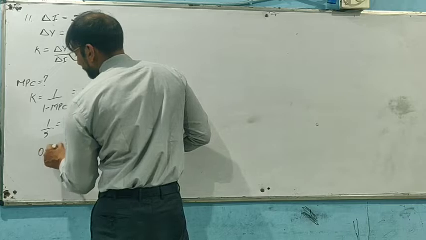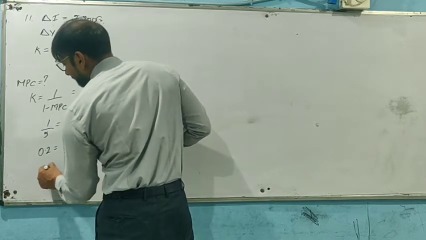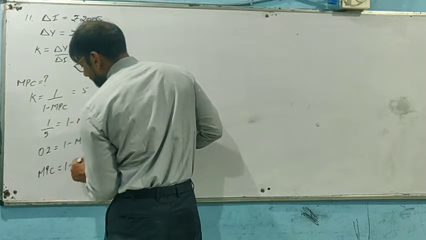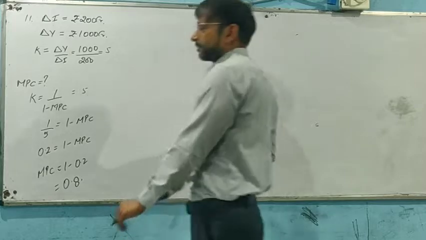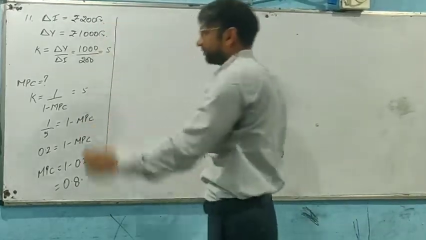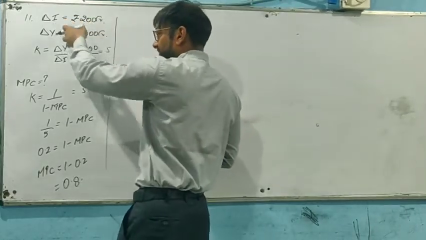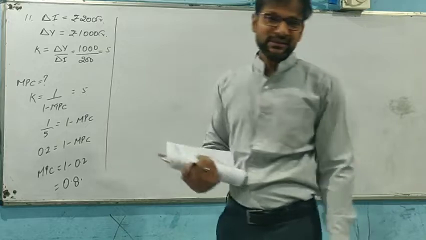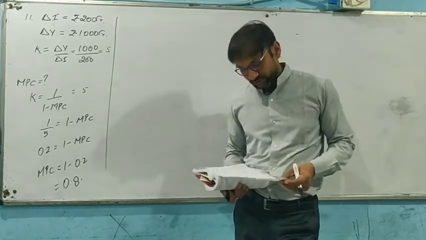This is 0.2 equals 1 minus MPC, or MPC equals 1 minus 0.2, that is 0.8. We just need to solve step by step, after taking the given particulars provided in the question. Now again we are coming to more questions.